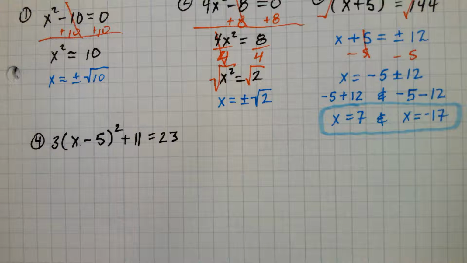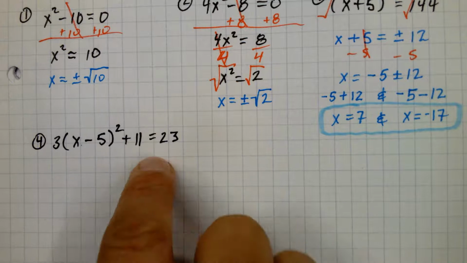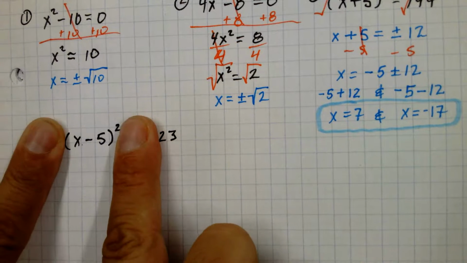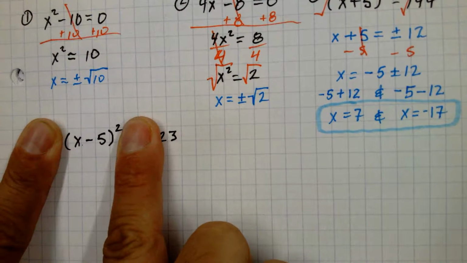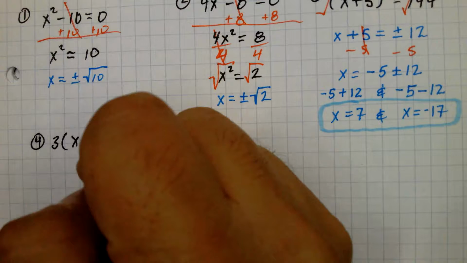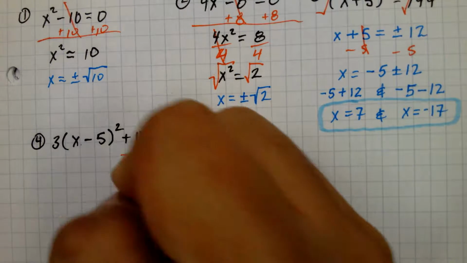You want to isolate the squared number. Would you radical with this? Well, I can't get to that until I get rid of the 3 and the 11. If you don't have the square part all by itself, either x squared or a squared binomial, I want to get rid of all this other stuff so I get to this. Or if it was just x squared, I would do that. Subtract the constant. Yeah, so it's like a two-step equation. Subtract the constant. So take away 11.